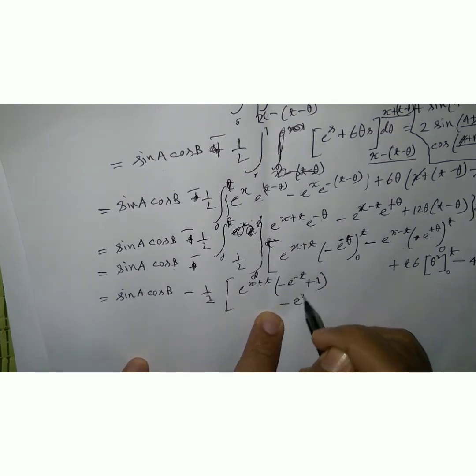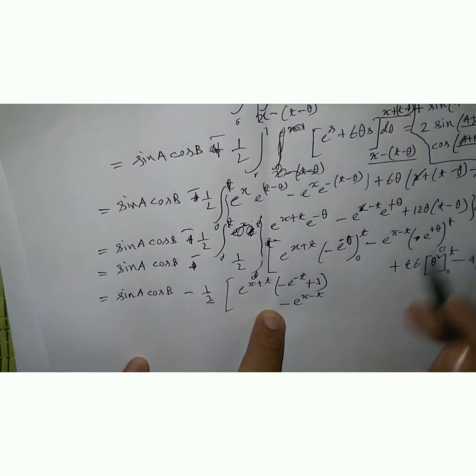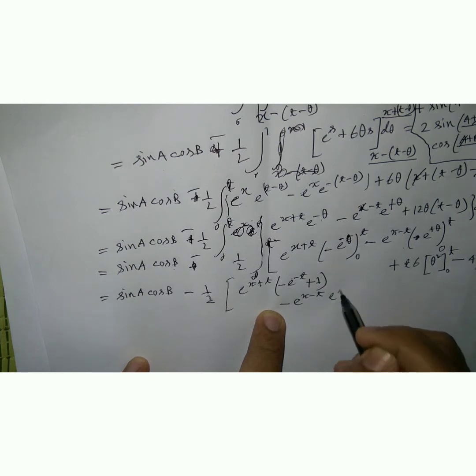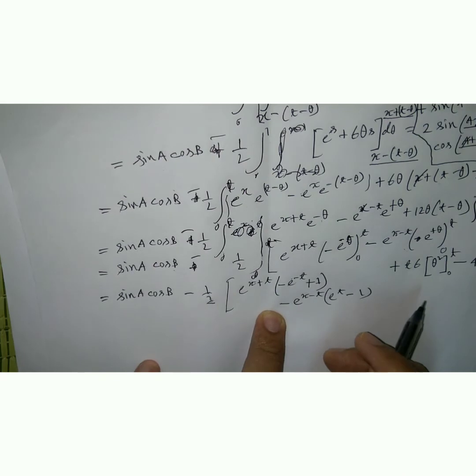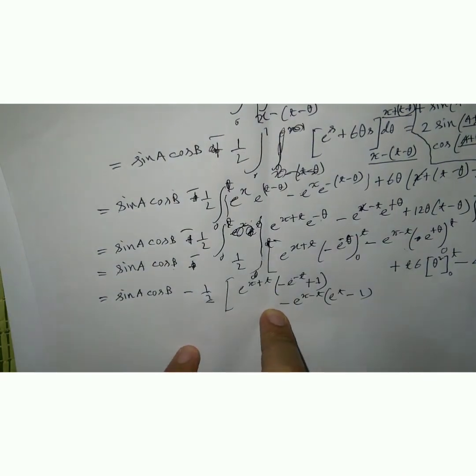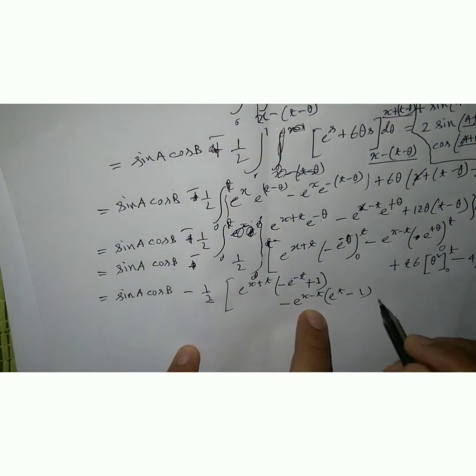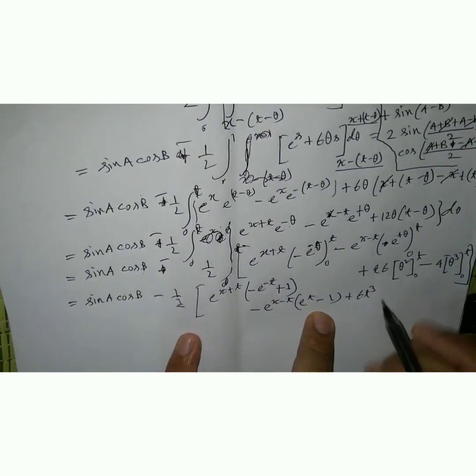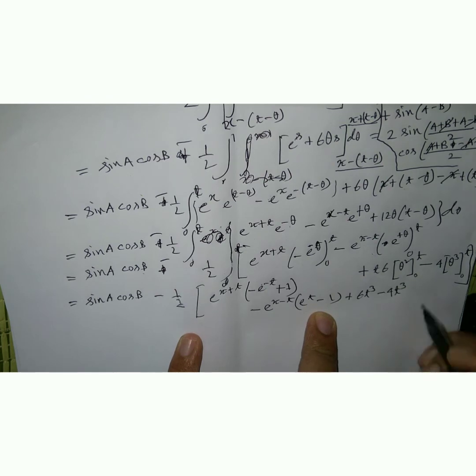minus e to the power x minus t, you put this value, e to the power t minus 1. And in here if I put the values, then I get 6t cube, and in here I get 4t cube.